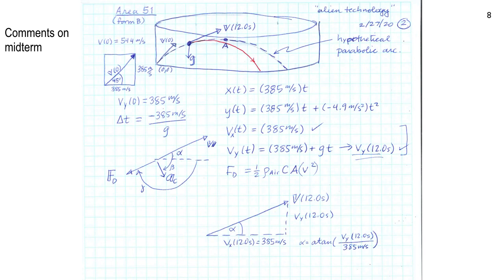Some people had, remember how I had 27 seconds and 17 seconds and all that stuff? And we had to make sure everybody was coordinated on that and the typos. So everybody had a different time. But Cecilia, here's the horizontal component of it. Here's the vertical. I'm not saying that this is, so here's the angle alpha that you want to answer. But this is Vy of 12.0 seconds. And this is Vx of 12.0 seconds, which is guaranteed to be 385 in this problem.